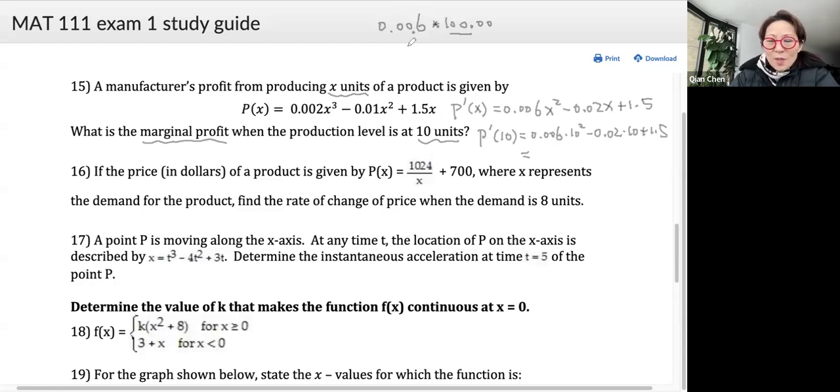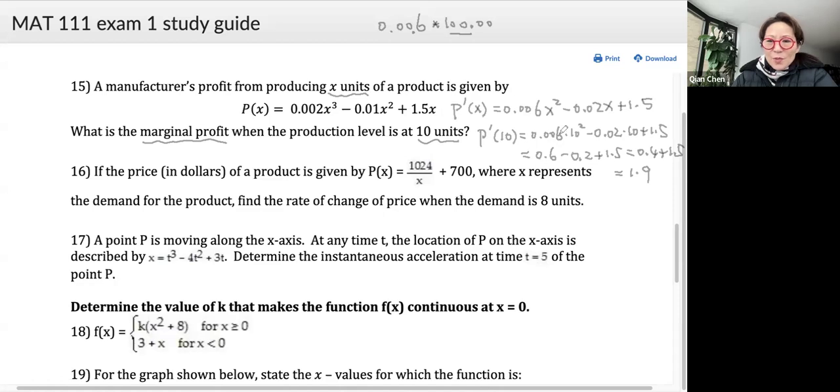So that becomes 0.6. The minus term is 10 times bigger, so that becomes 0.2, plus 1.5. 0.6 minus 0.2, that's 0.4. 0.4 plus 1.5 is 1.9. And that's it. So the marginal profit is 1.9 for 10 units being produced.